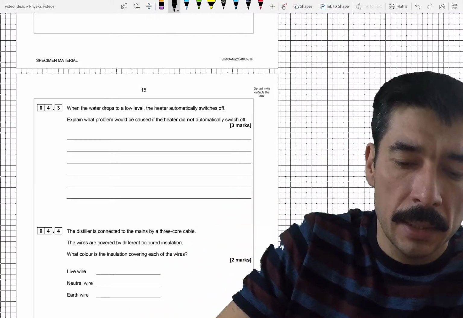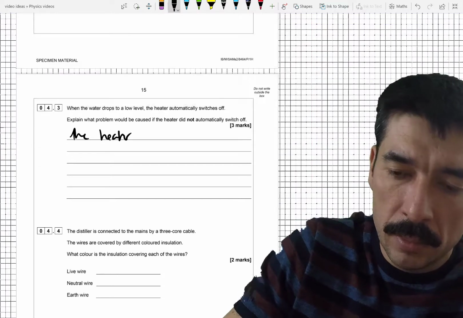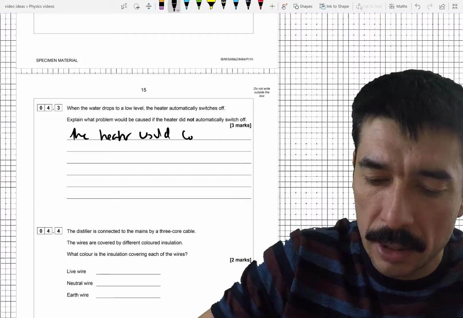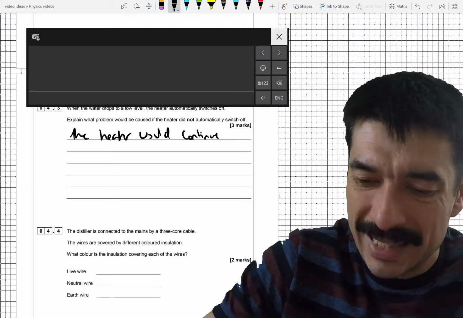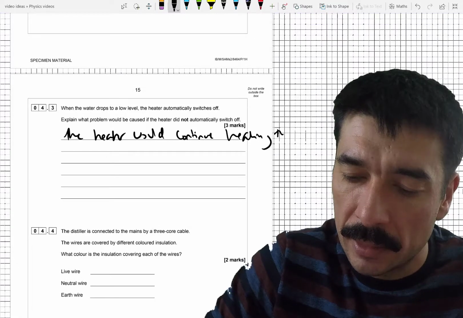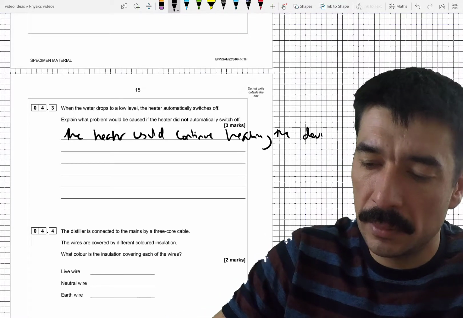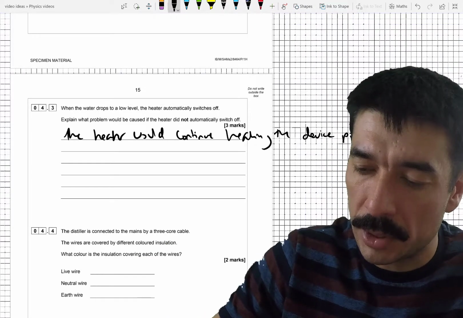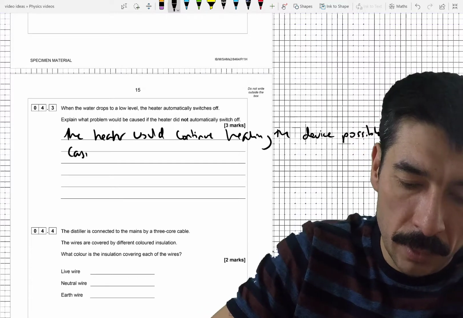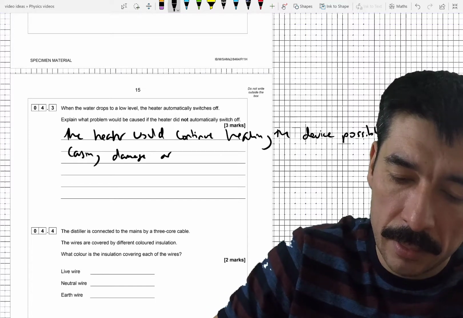The heater would continue heating the kettle, heating the element, heating the device itself, possibly causing damage, or a fire hazard.